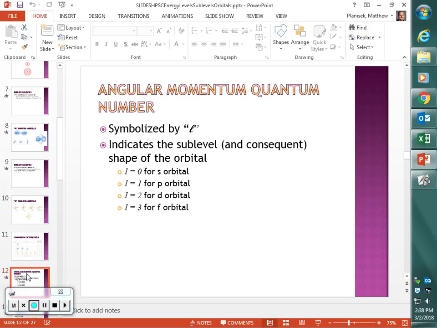We assign the angular momentum quantum number based on the shape. So any spherical orbital has, these are l's, that's an l right there, even though it's not the same cursive l as this one up here. Any s orbital, spherical orbital, gets an l value equal to 0.